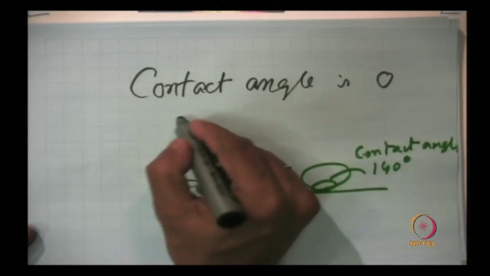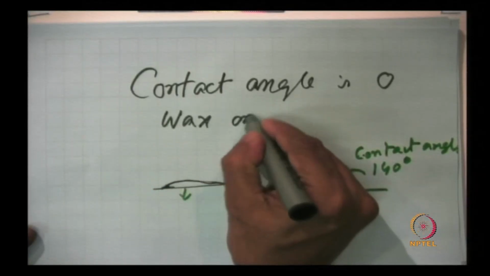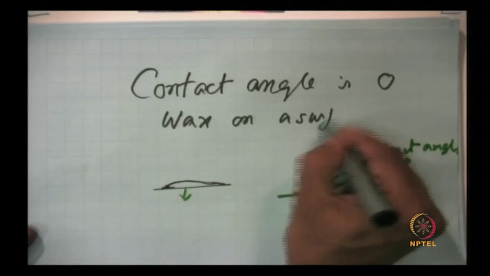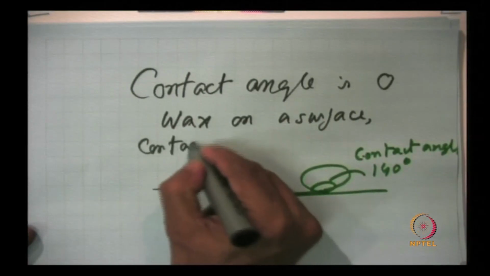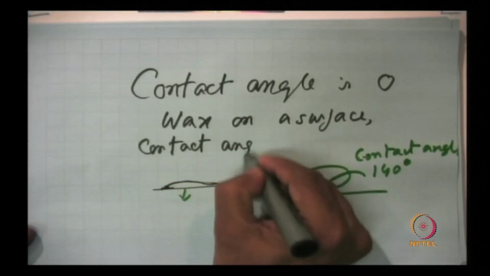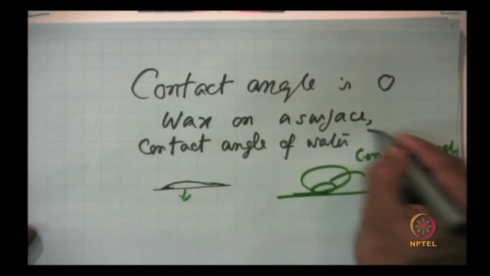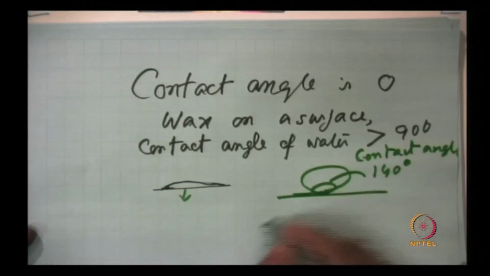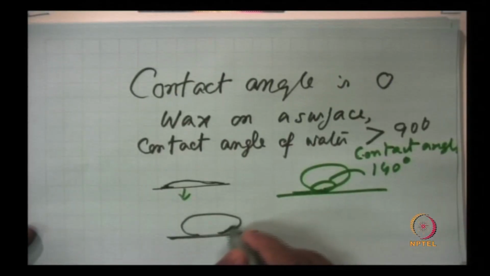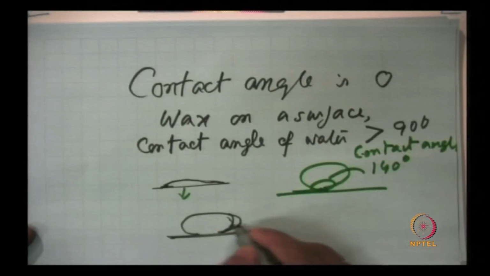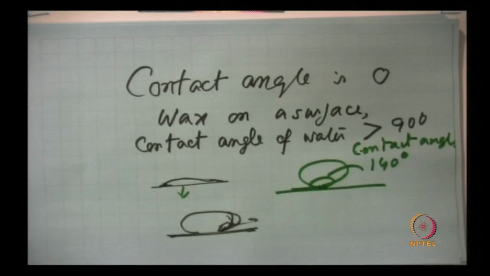But if the surface changes, let us say a waxy surface, with wax on the surface, the contact angle of water changes and becomes greater than 90 degrees. Therefore, on a waxy surface water is possibly not spreading easily. It forms some sort of a bubble, like mercury does in glass.